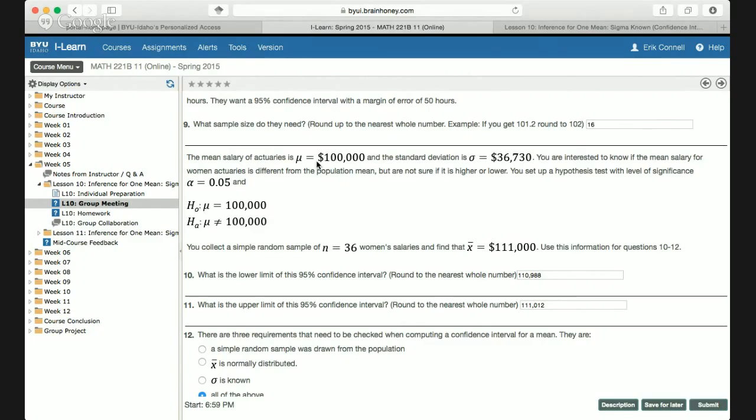So I did 111,000 minus 1.96 times 36,730 divided by the square root of 6. Yours is right. Huh. I wonder if I forgot that decimal the first time.